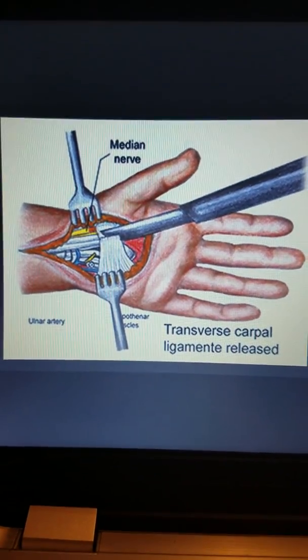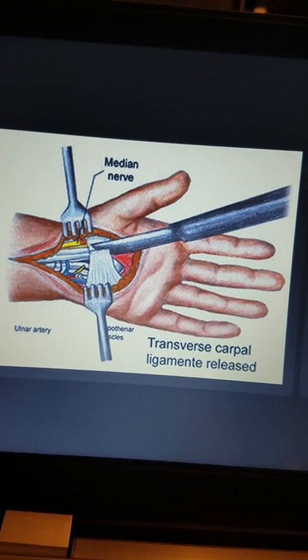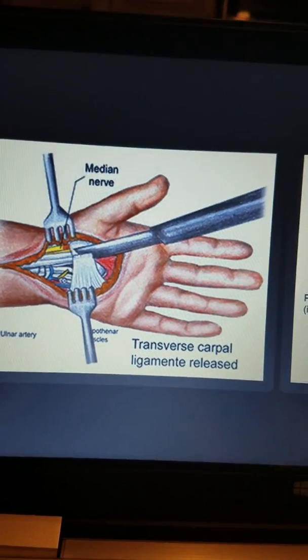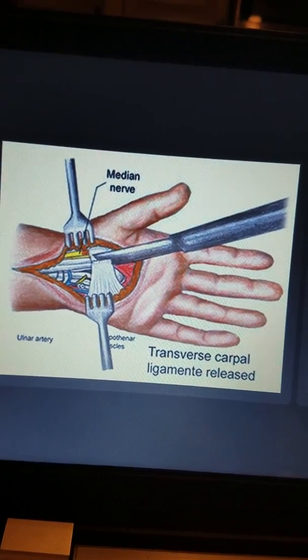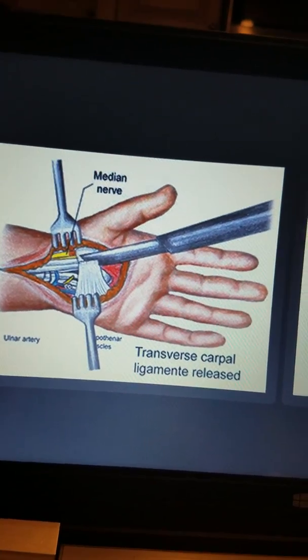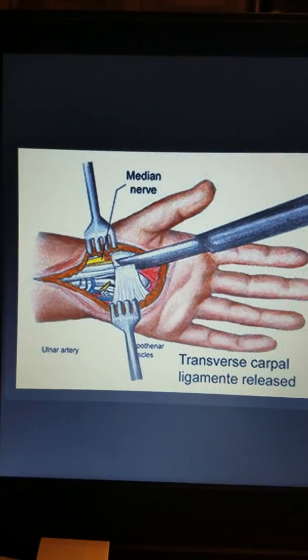This one right here is an open carpal tunnel release, where your doctor will make a small incision, and during the procedure, he will divide the carpal tunnel ligament, which will increase the size of the tunnel, and it will decrease the pressure on your median nerve.